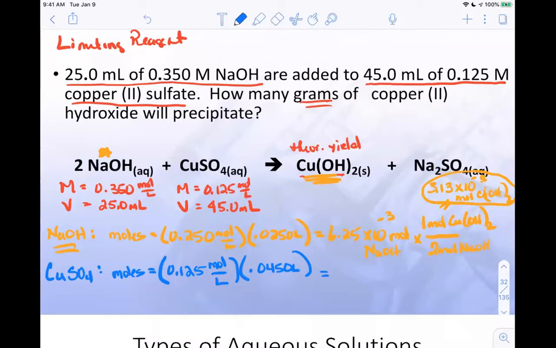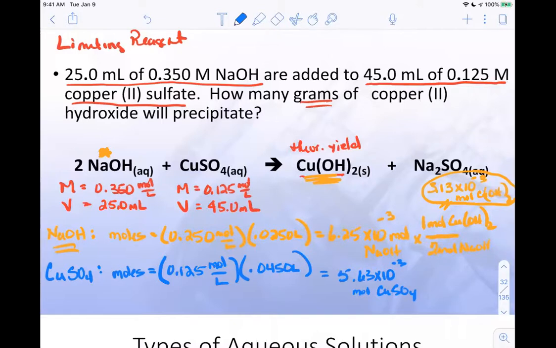And if I do this amount, I get 0.125 times 0.0450. I get 5.63 times 10 to the minus third moles of copper(II) sulfate.